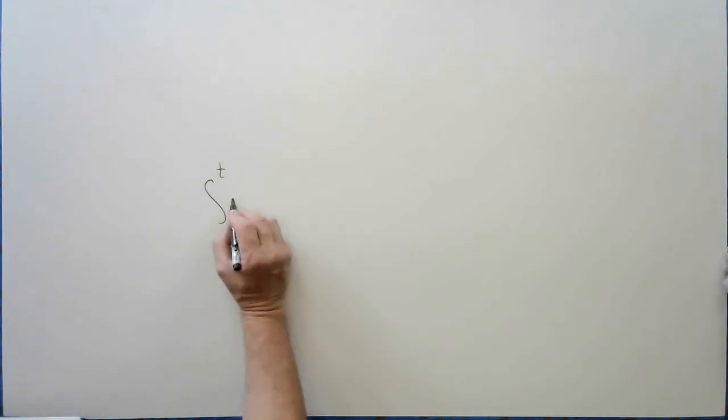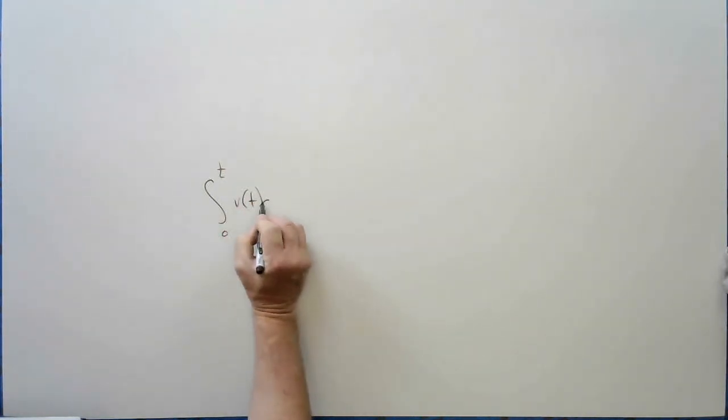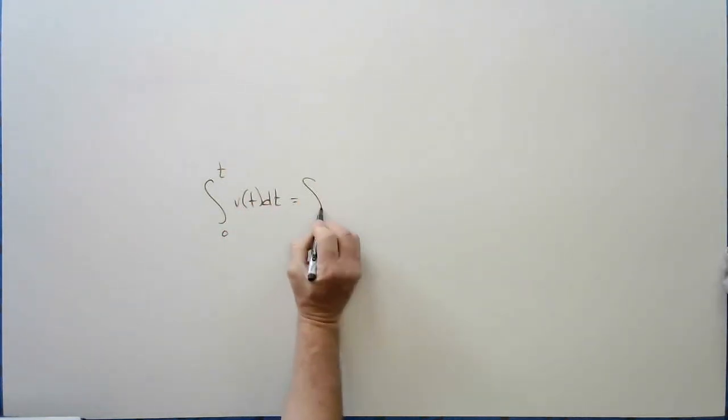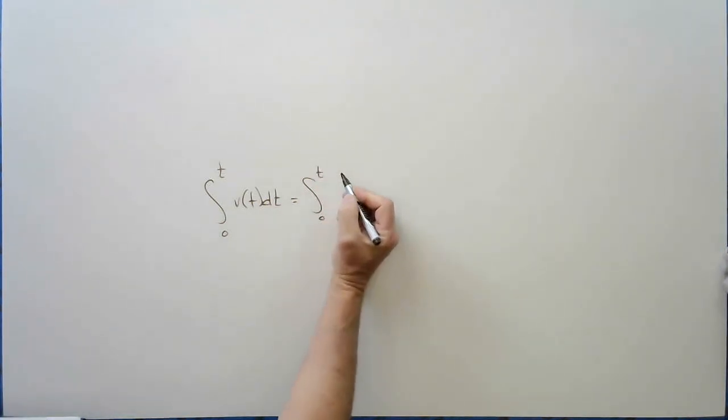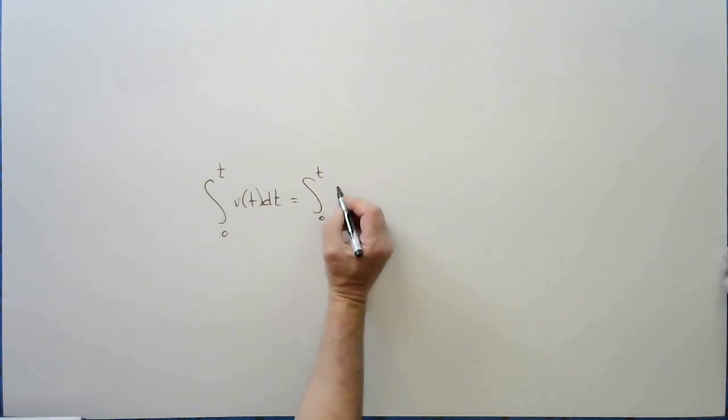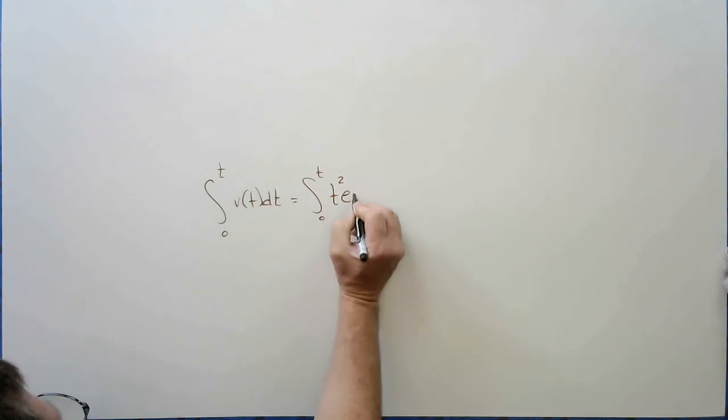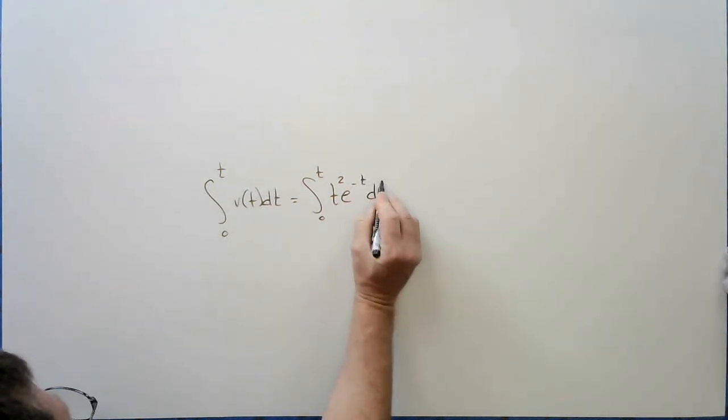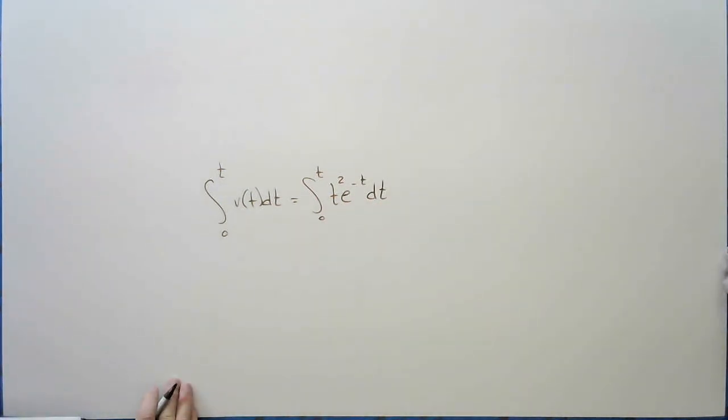And you're integrating the velocity function, which they give you in the problem. So that's going to be t squared e to the minus t. So how far does it travel in the first t seconds?